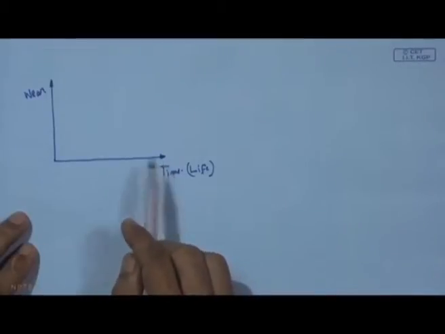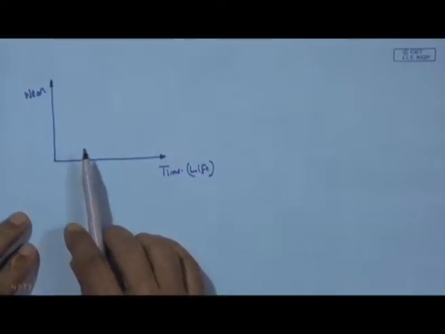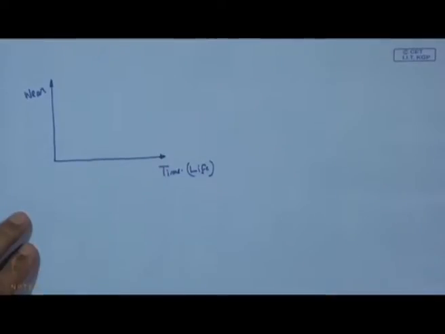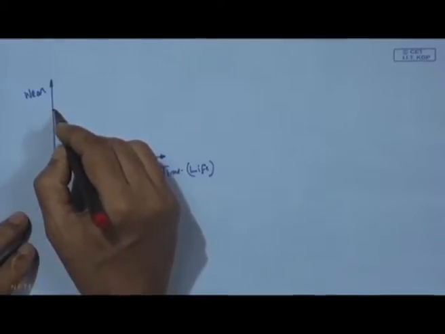So, that graph, that means the progress of wear with time, limits the life of a component, and it is obvious that for reliability of service we have to limit the wear somewhere.